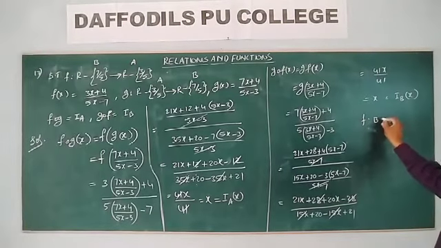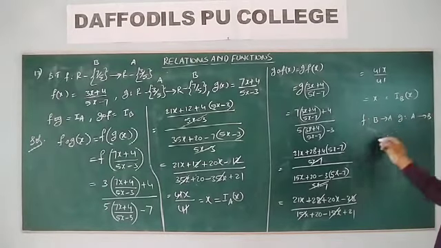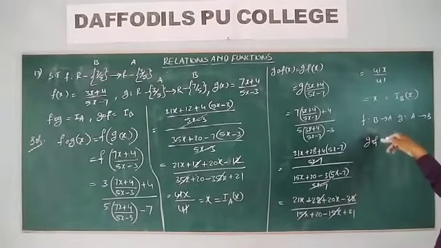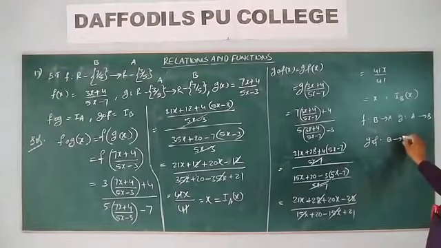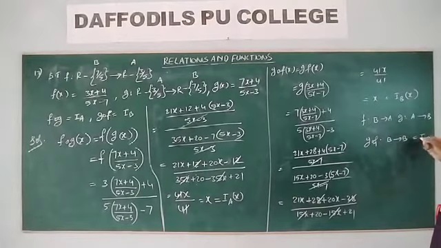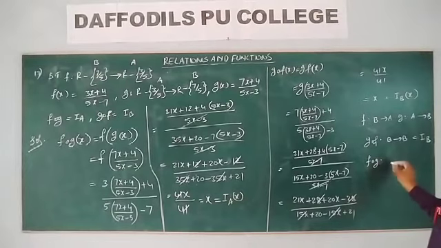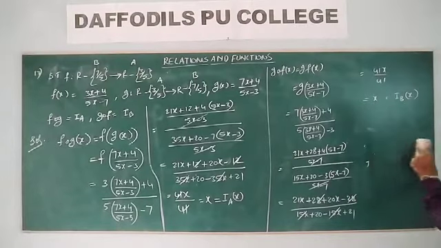F maps B to A, G maps A to B. We want G circle F. First F means B to A, then to B. That implies we get the answer B to B. This is I_B. Next, F circle G is equal to first G, A to B, next B to B. That implies A to A is equal to the identity function. So clear?